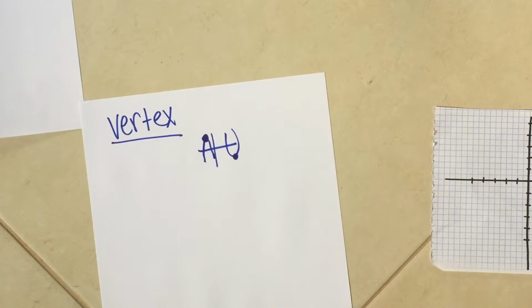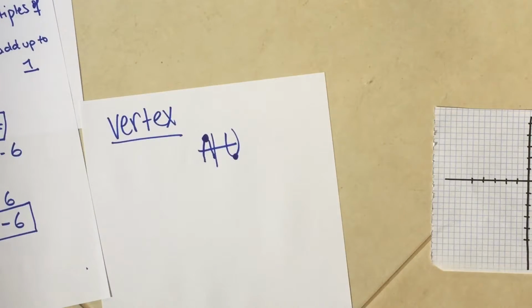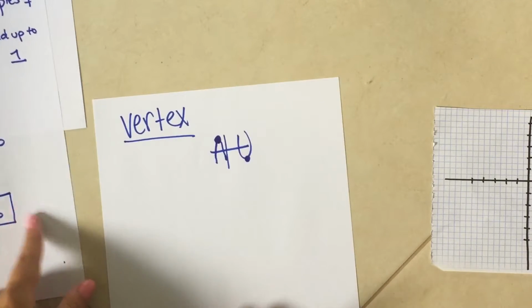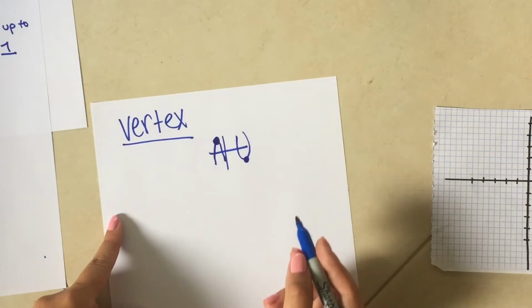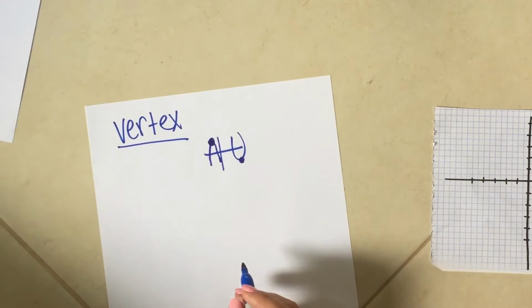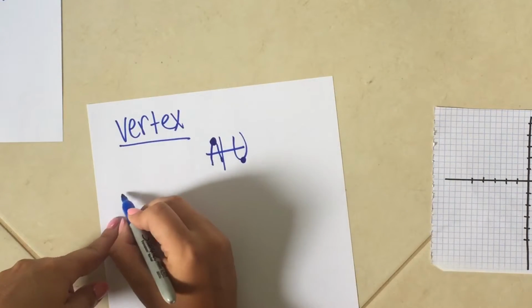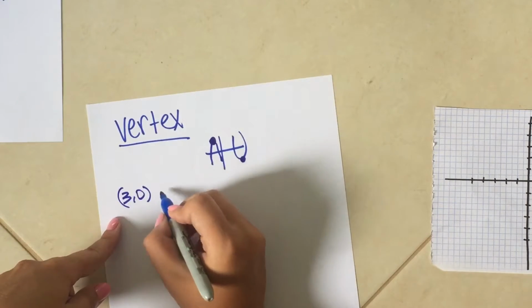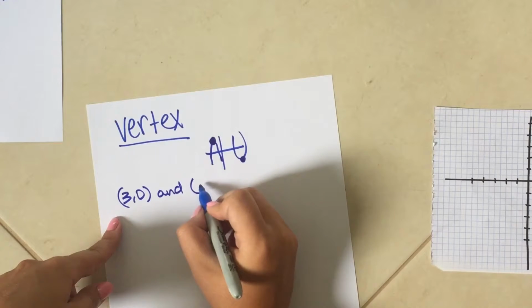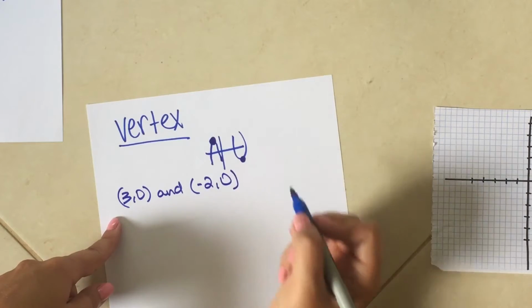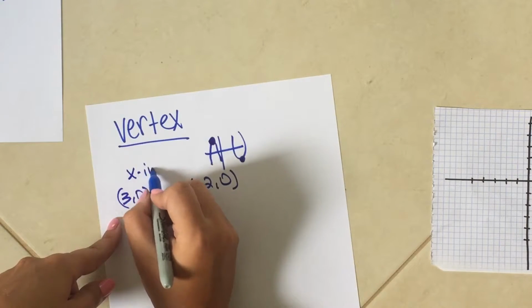Since we know our x-intercepts, which are 3 and 0, and negative 2 and 0, our x-intercepts.